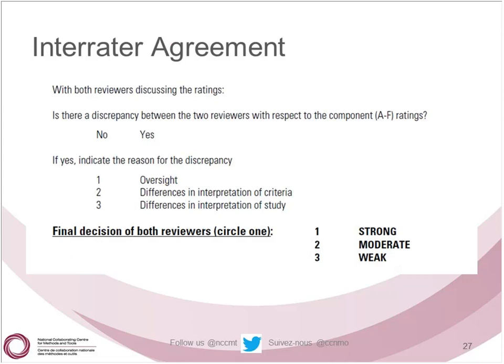The last thing we also look at across the ratings is, when the two reviewers come together, is there a discrepancy between the two reviewers with respect to the component ratings A through F? We want to know overall, did they disagree on, let's say, study selection, or the design, or the confounders? And then we want to know the reasons for that. Was it an oversight? Was it a difference in the interpretation of the criteria from the dictionary?